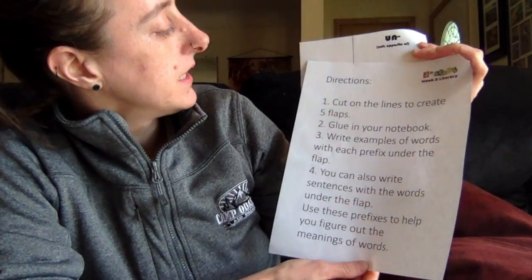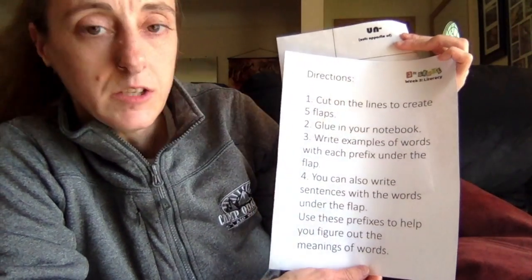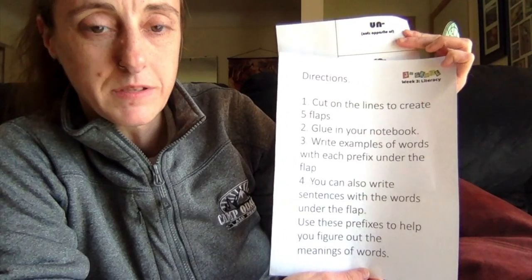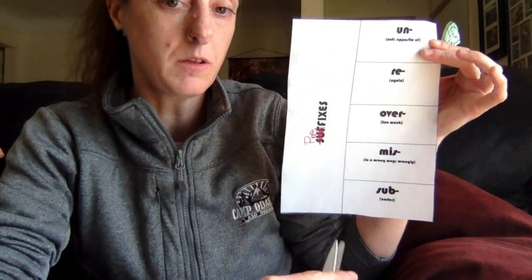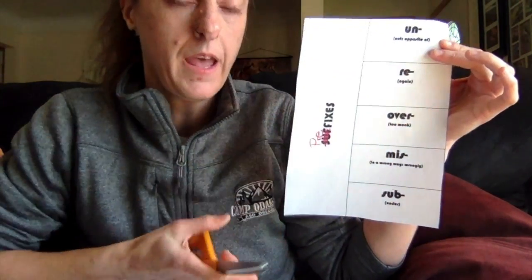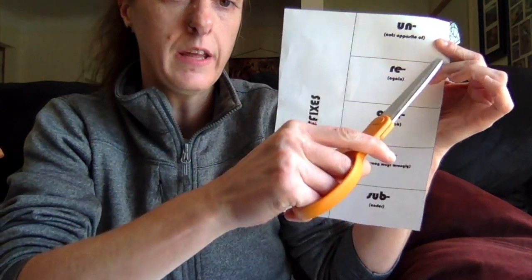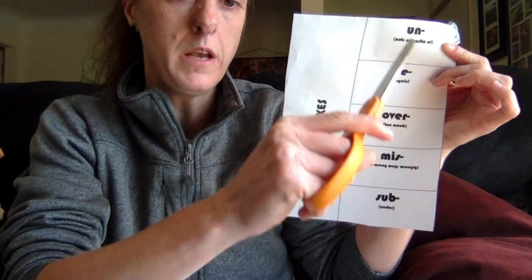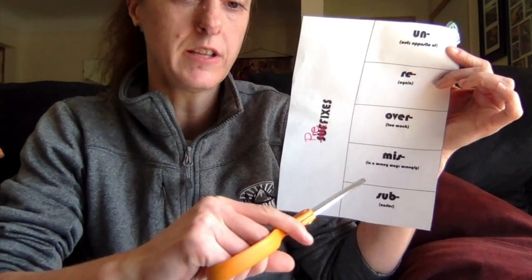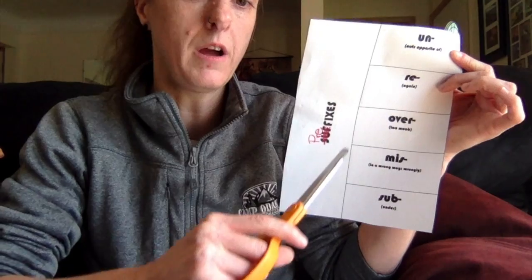We're going to follow our directions. It says cut on the lines to create 5 flaps. What I did was I cut my square out all the way. Then I'm going to use my scissors to cut these lines to make 1, 2, 3, 4, 5 flaps. I'm going to cut each line, but I'm not going to cut all the way across, and I'm not going to cut them off.